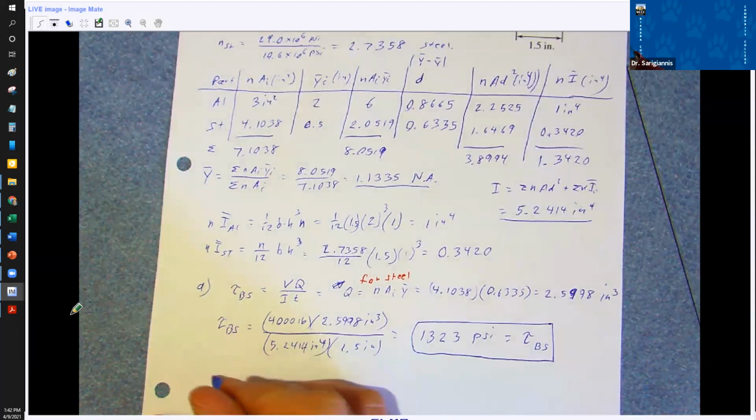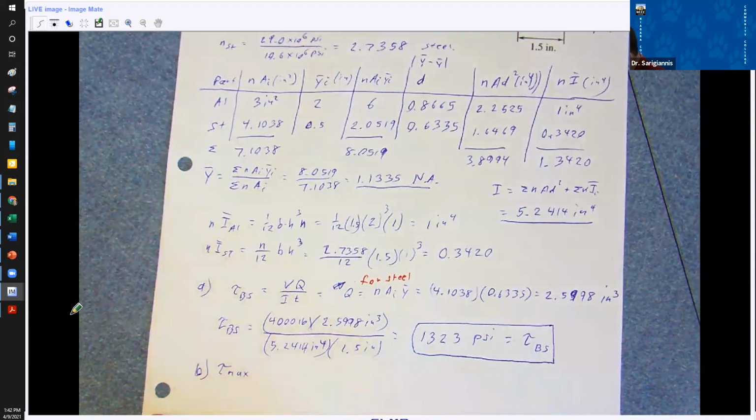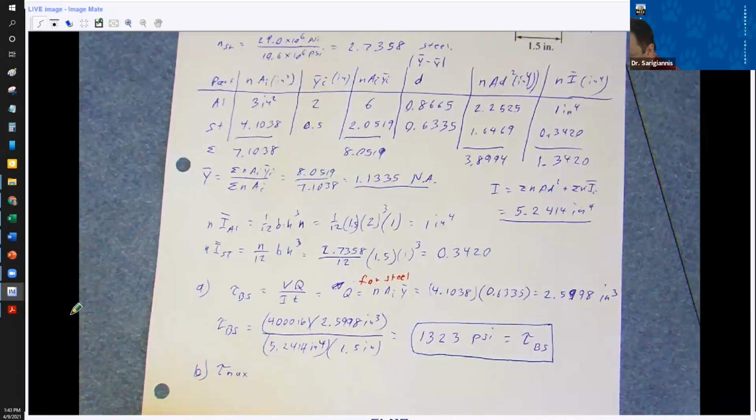And then B, part B. We want to know the maximum shearing stress in the beam.